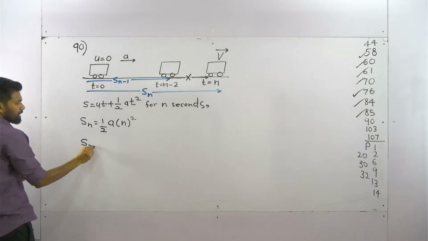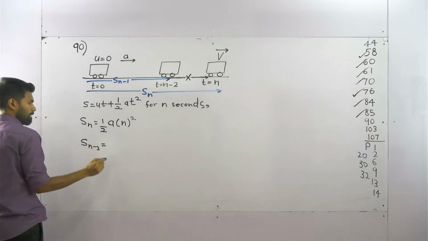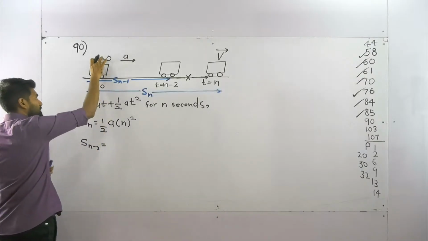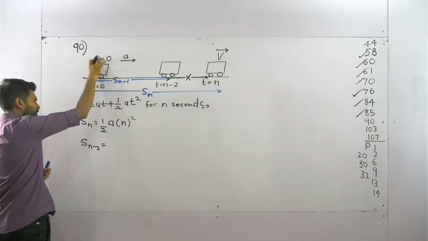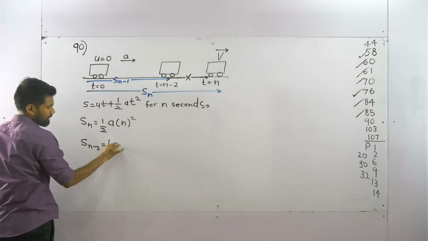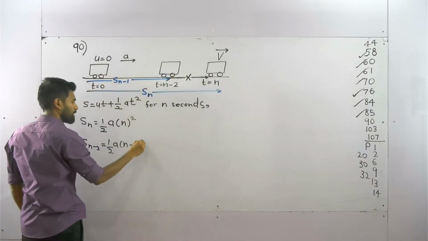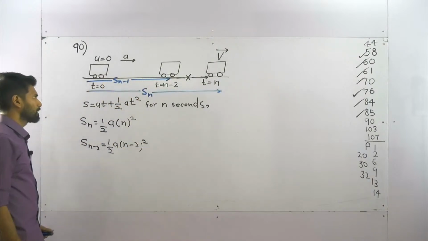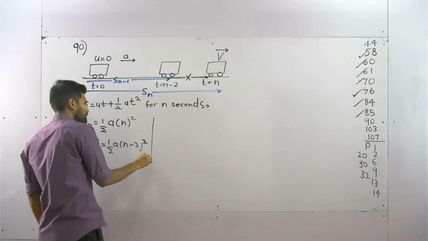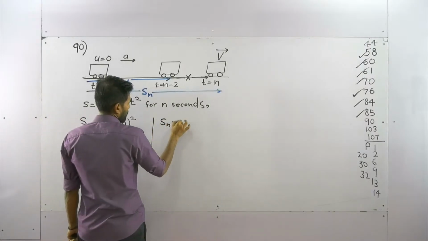Through my symbols, it's Sn minus 2. The initial velocity is 0, so no need to worry about the ut term, but the half a t square remains. Half a, with time n minus 2 from the beginning up to this point, n minus 2 square. Then I'm subtracting Sn minus 2 from Sn.